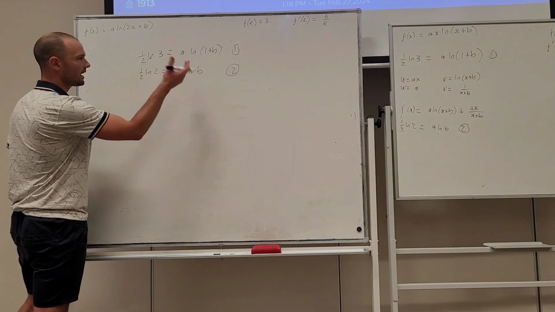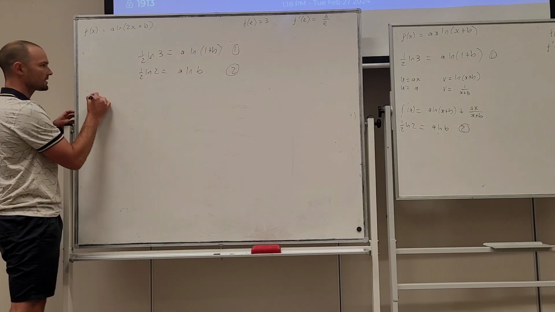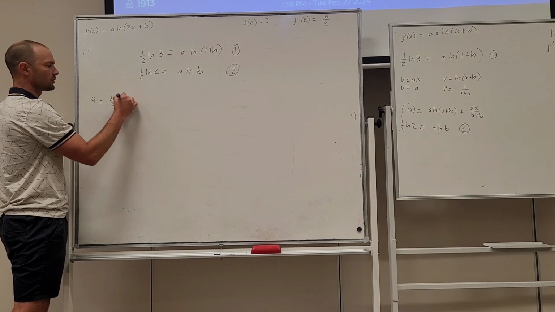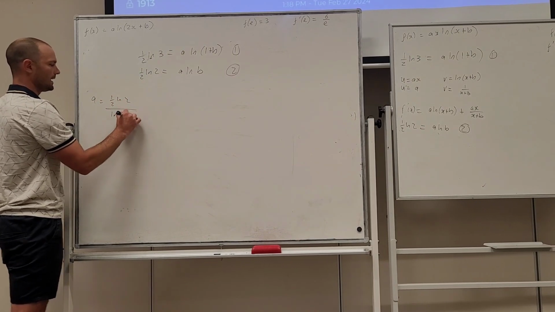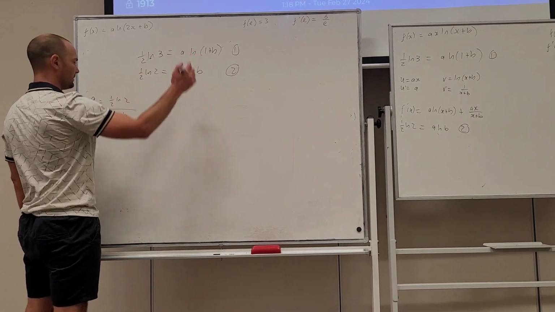So let's just have a go. I can't see an easy way around it. We're just going to have to do a bit of trial and error. So let's start with equation 2, and I'm going to make that A equals half ln 2 on top of ln B. That's my value for A. I'm going to put that into equation 1.